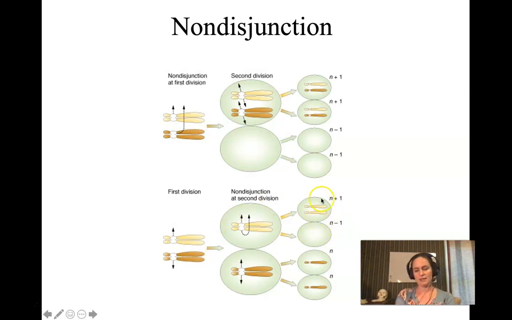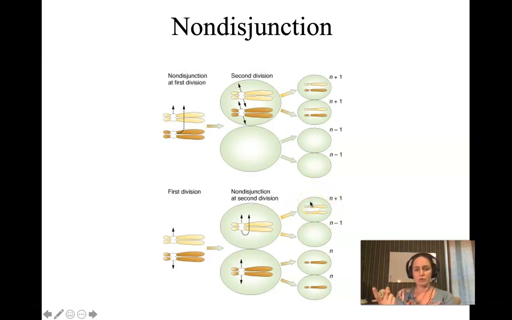Let's say that this is an egg cell, sure, why not? And it meets a typical sperm cell that has only one copy of the autosome numbered 21. That means that this gamete is going to end up as a zygote with 3 copies of autosome number 21.